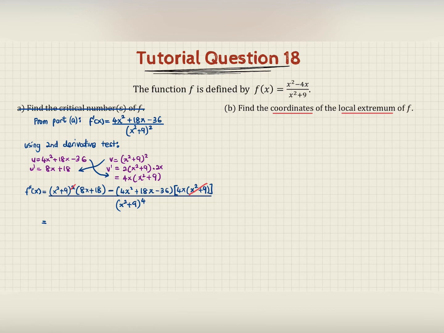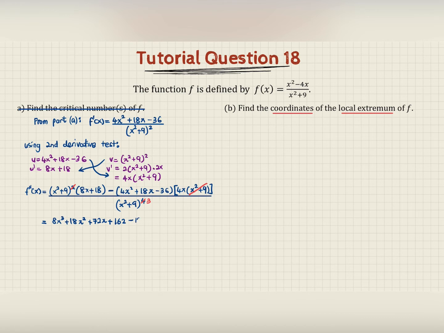So x squared plus 9 yang 1 kat atas ni kita akan potong dengan bawah, so tinggal kuasa 3 lah kat bawah ni. Alright, so after that I'm going to expand here, x squared plus 9 darabkan dengan 8x plus 18. So here we have 8x cubed plus 18x squared, okay, and then plus 72x plus 18 times by 9 berapa? 162. Okay, you can use your calculator. And then untuk sini kita hanya perlu darabkan dengan 4x sahaja.